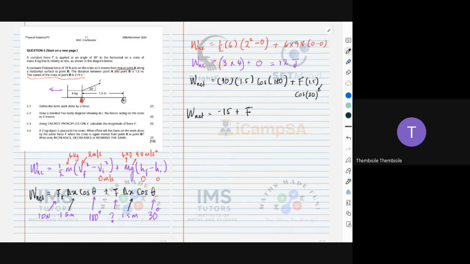It can be 1.30, like this, right? So now you've got these two equations here.